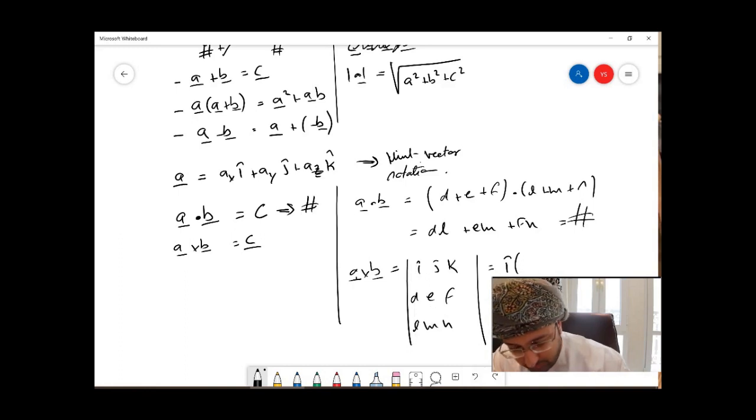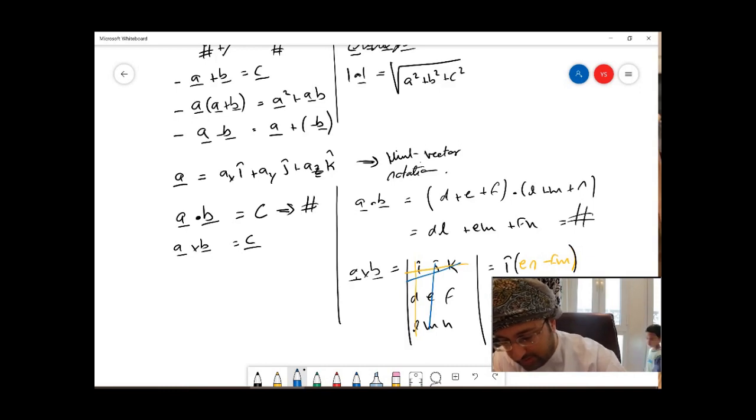So I'm going to do it with multiple colors. So this is one. So I would be EN minus FM, plus J plus K. I'm just going to be preparing this way. And then for J, it's going to be DN minus FL.